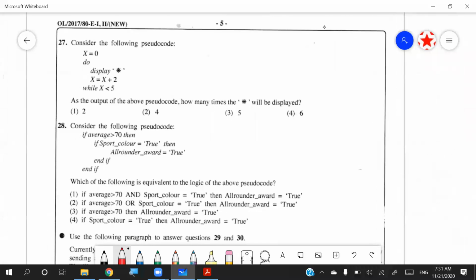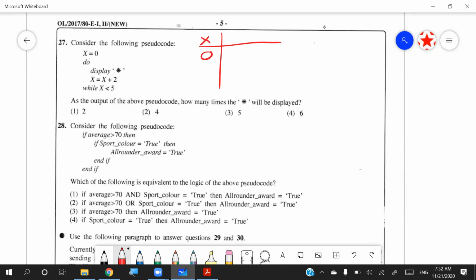Yes. So in the marking scheme, they have taken all as the answer for this particular question. The reason is this. If you hand trace this question, they're asking how many stars are going to be displayed. It starts with x from 0, and it says do. This is a do while.